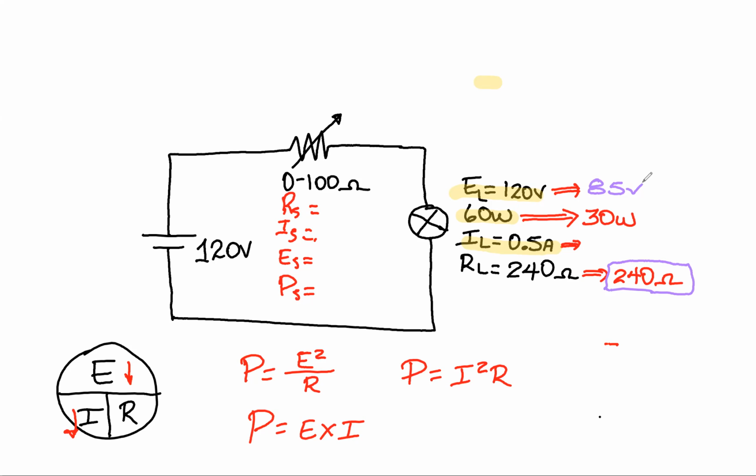We would do our 85 volts divided by our 240 ohm resistor, because this is 240 ohms. So 85 volts divided by 240 ohms would give us a current equal to 0.35 amps. Is that clear, or is there any confusion on how I did that calculation?